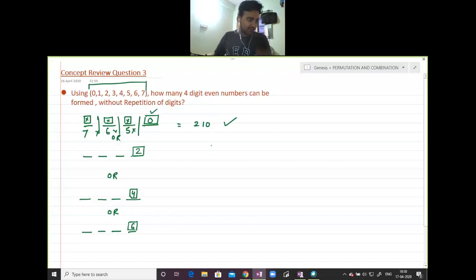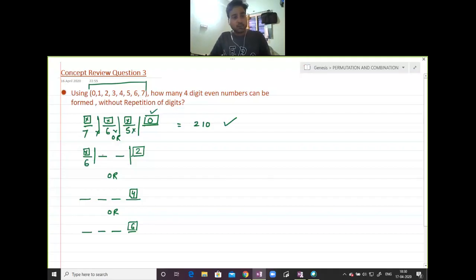Sanket, I hope you got the right answer, my dear. Now remember, the last digit is 2 here. What about the first position now? Remember, 0 is available, right? 2 has been used up. How many remaining digits are there? Remaining 7 digits out of 8. Out of those 7, 0 I can't put here, so of course 6 ways.